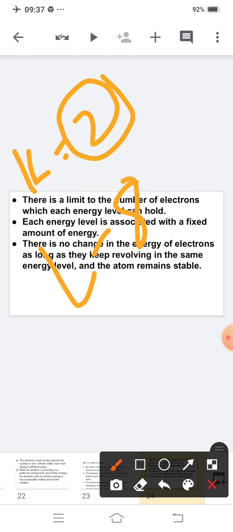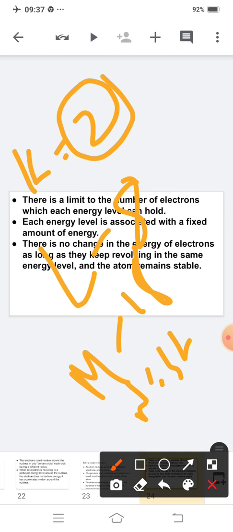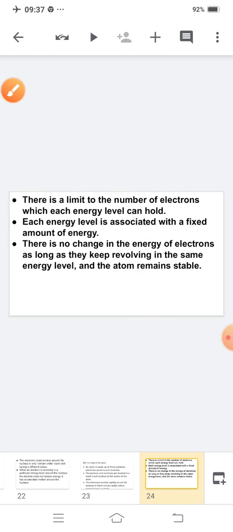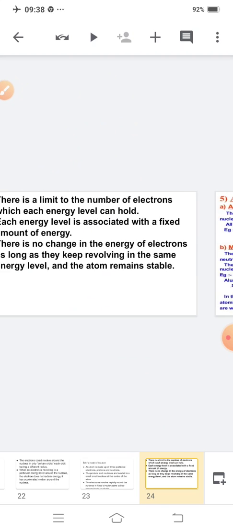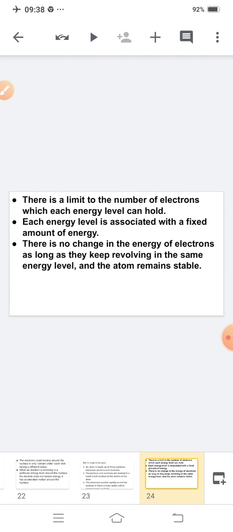M, 18. N, 32. Is this clear? In the first shell 2, in the second 8, in the third 18, and in the last 32. And 32 is the maximum number of electrons that a shell can hold.